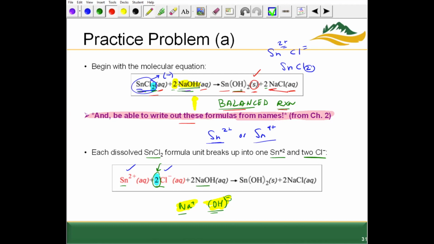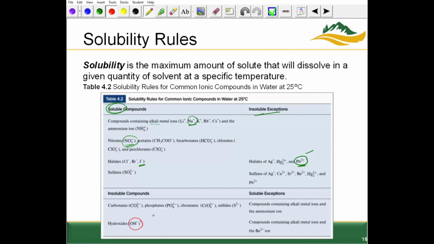Let's be sure we are comfortable proving this as well using those solubility rules. So for OH-, these are insoluble compounds, and tin here, Sn2+, is not listed as a soluble exception. So indeed, Sn2+ and OH- come together to form an insoluble precipitate.